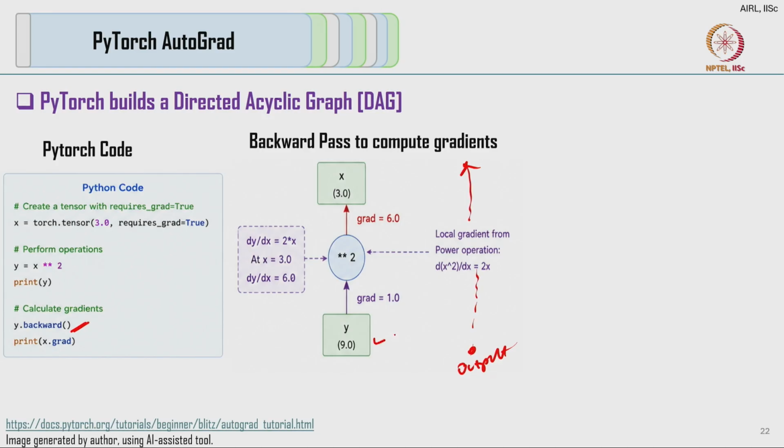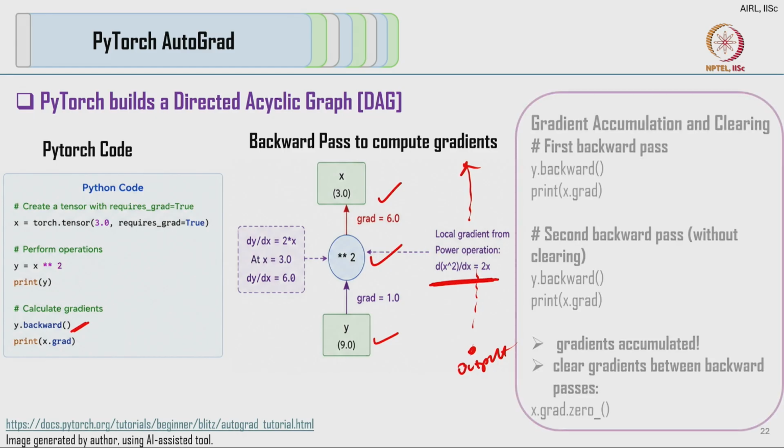Once we have y, we will try to calculate the gradient of this operator and then update x, right. Now we know that the derivative is essentially 2x, right. So we have the derivative. Once we have the derivative, we can update the value of x, right.